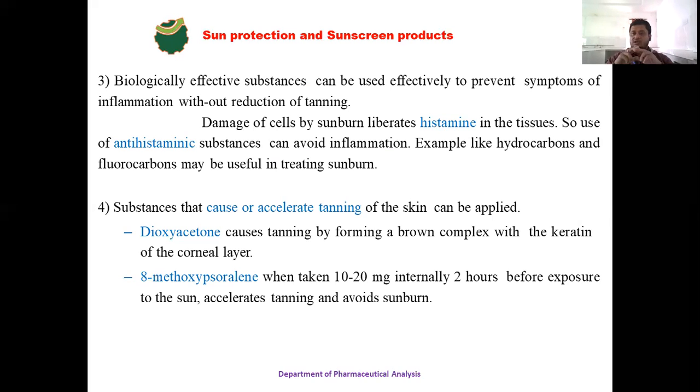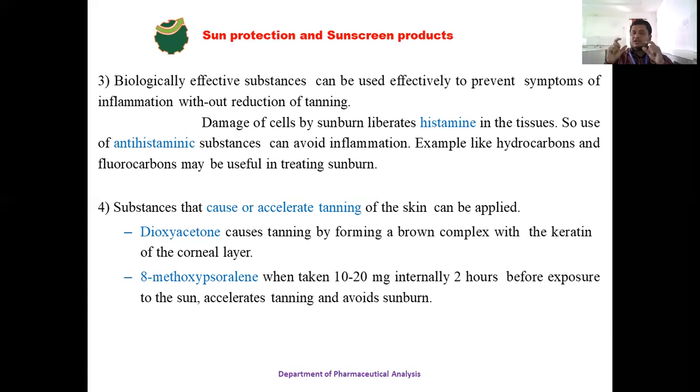It is not topical, but we have to take it orally in a dose of 10 to 20 mg, 2 hours before exposure to sun, to avoid sunburn. Suppose any person wants to go out and has to work for a longer time, and definitely has to be exposed to sun for more time. So whenever he is going out, 2 hours before you have to take that drug orally in a dose of 10 to 20 mg.